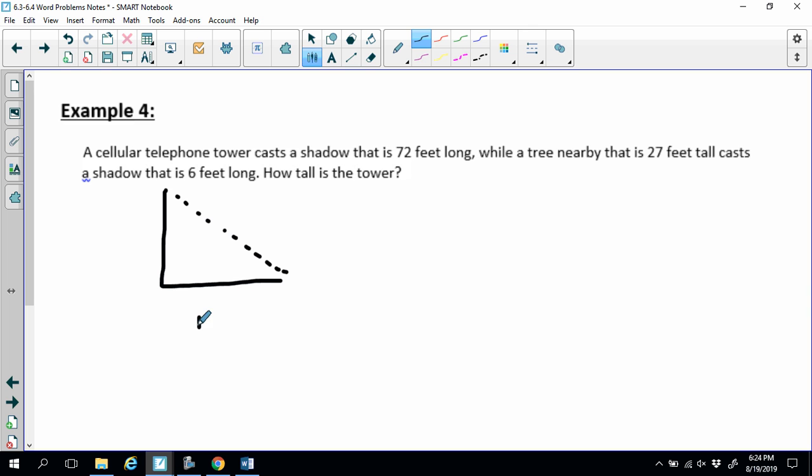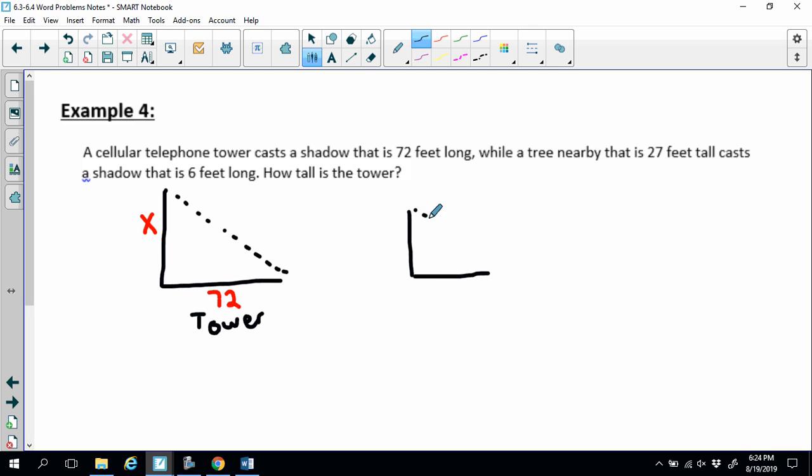So this is, I'm going to label our tower. And I'm going to go ahead and label the information we need. So here we do not know the height, so that can be our X. The shadow is 72. So now we do the same thing for the tree. Now once again, a tree standing goes up and down. And then they say the shadow, so that's going to go across here.